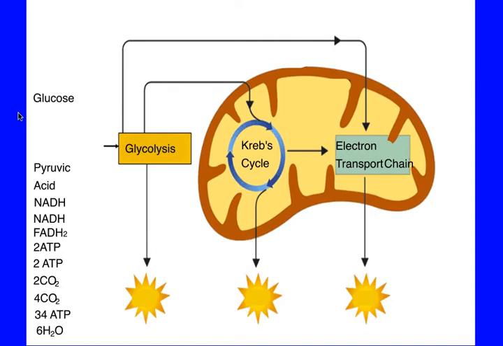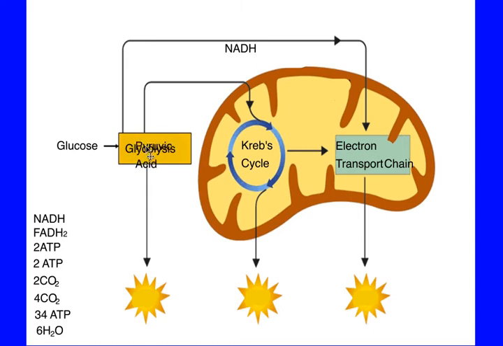Okay, now we just took our glucose and we broke it down. And when we broke down our glucose, we made a couple of products. We made NADH, so right here in glycolysis, our NADH is going to go to the ETC, so I'm going to put that right there. We also made pyruvic acid.